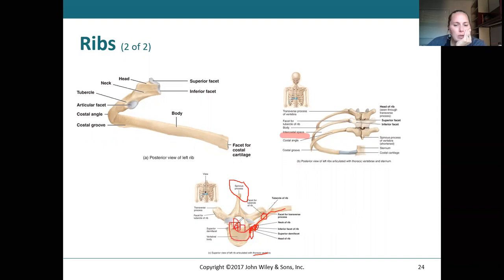Again, this is the thoracic vertebra, and this is where you're going to have articulation of the ribs with that particular region. What's also nice, coming back up to this figure here, you can see that as the ribs extend around, there's this costal cartilage that's connecting the rib to the sternum. So this is an interesting tilted down vantage point of the thoracic cavity.